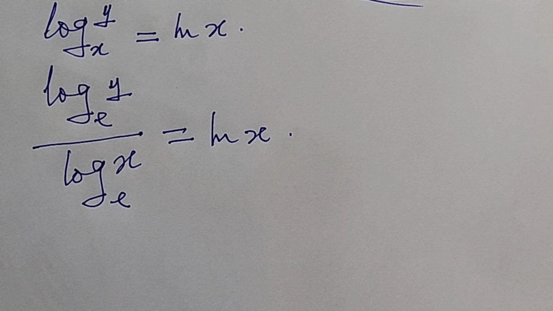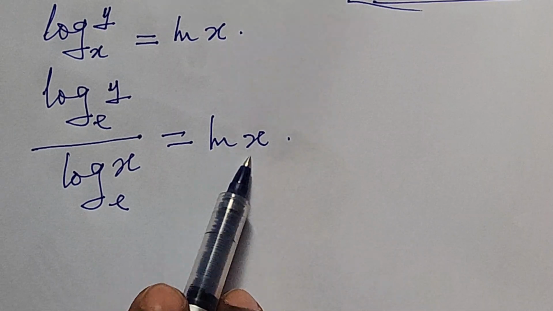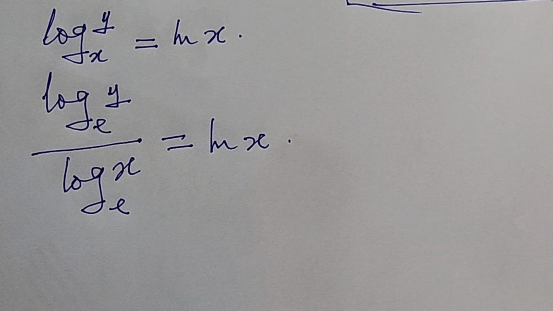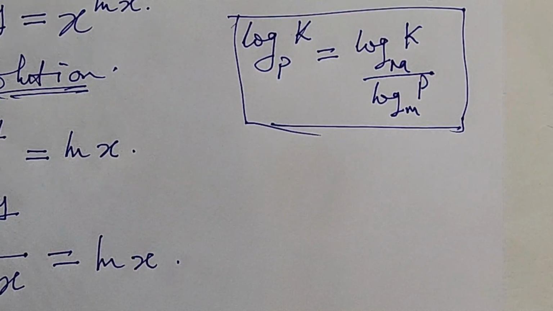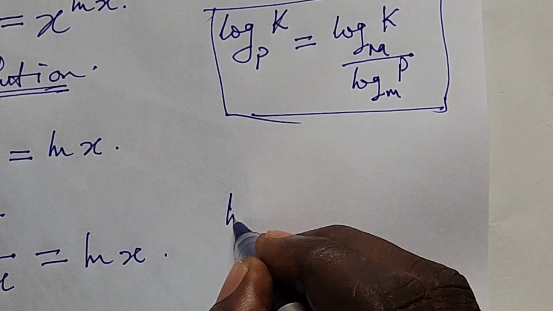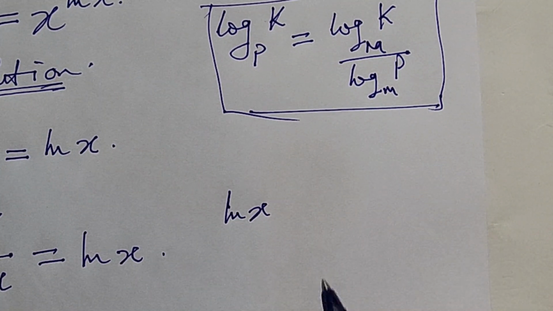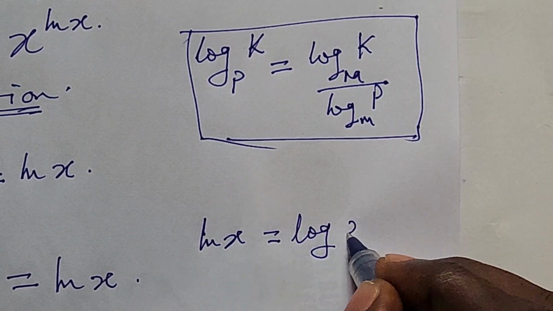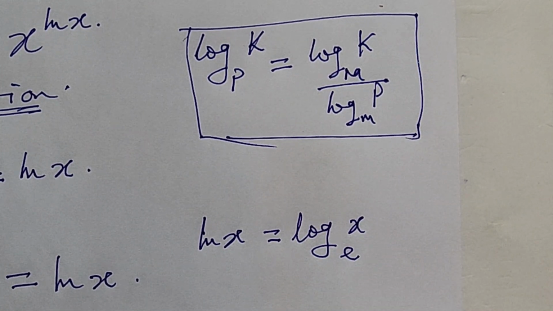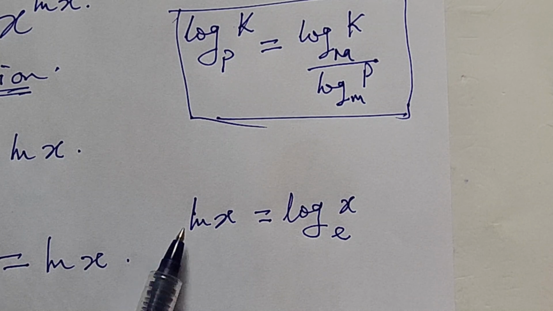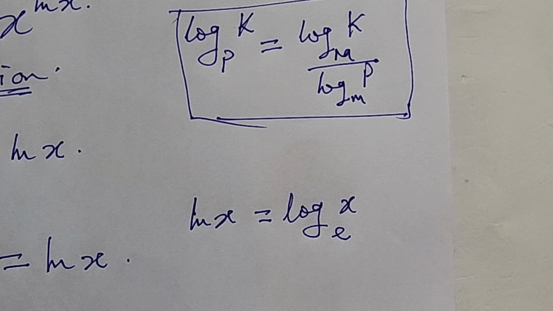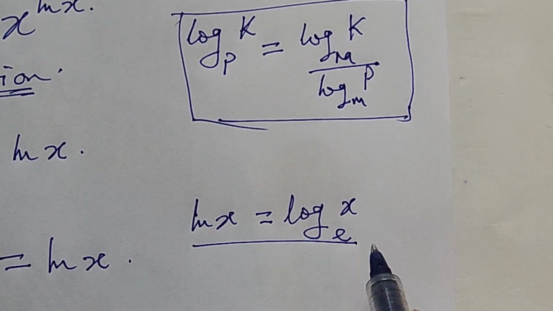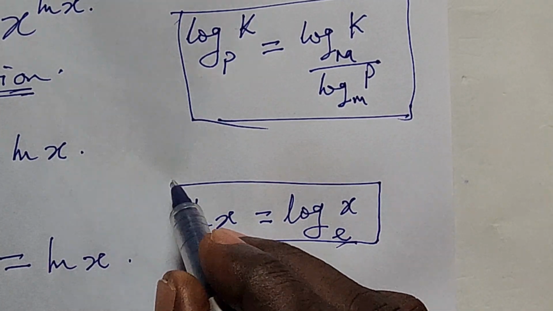But before we cross multiply, look at the right hand side. We can equally write this in log form. Note that ln of x is the same thing as log x base e, because the ln here is to base e.